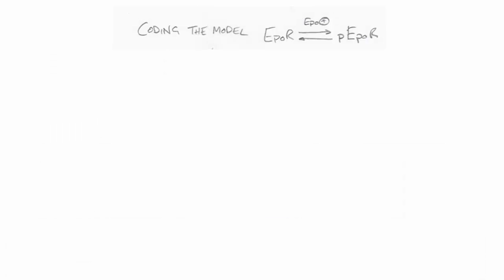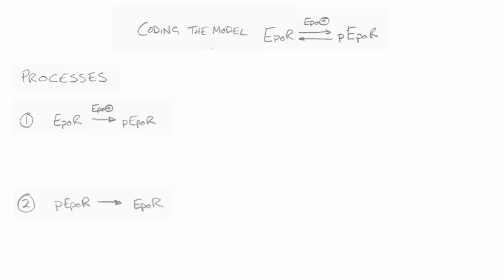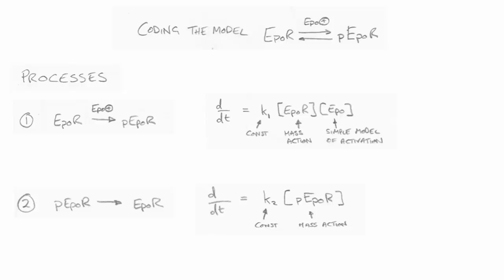So we've got our processes we're going to start off with, and we need to code that and simulate it in MATLAB. The processes we have are phosphorylation, that's process 1, and dephosphorylation, process 2. We can match those with our toolkit processes to write down the rate equations for those two processes.